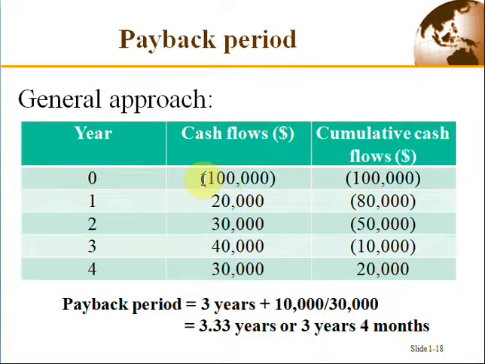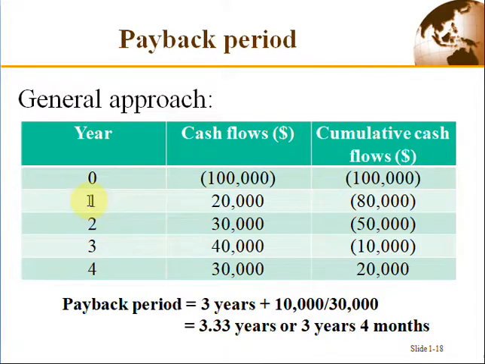When you see this 100 in brackets, in parentheses, it means that money has left your account. This is cash flow. This money left your account in year zero, the year you started business. You invested 100,000, so the accumulated cash is still negative. Your 100,000 is still away.